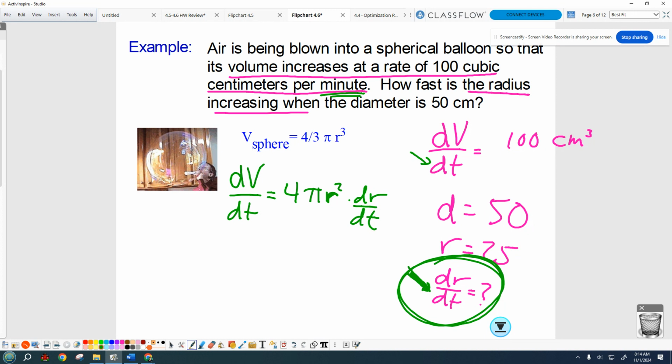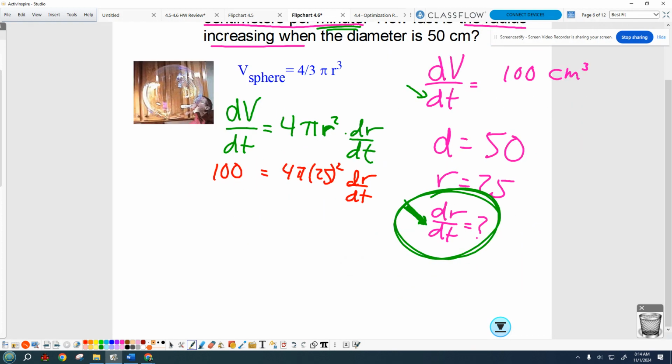Okay, Kathy, what can I do now? You can plug in 100 to the left side, and r is 25. So all those things, okay. The dr/dt.